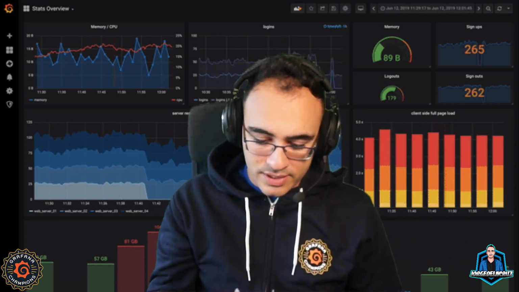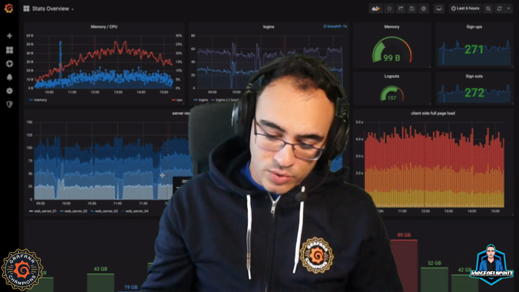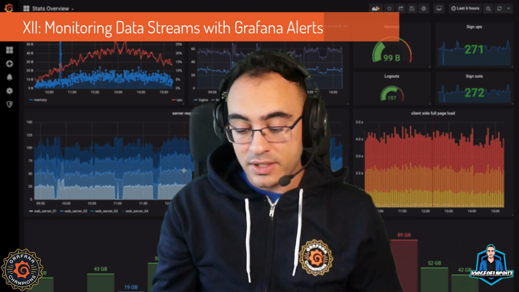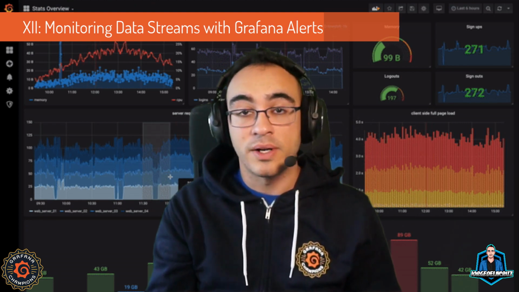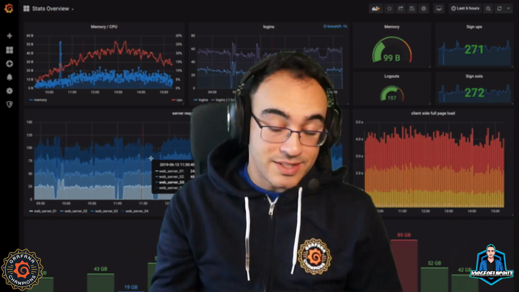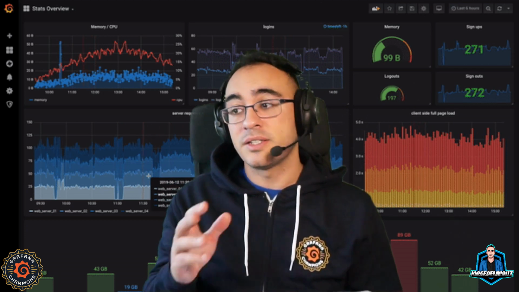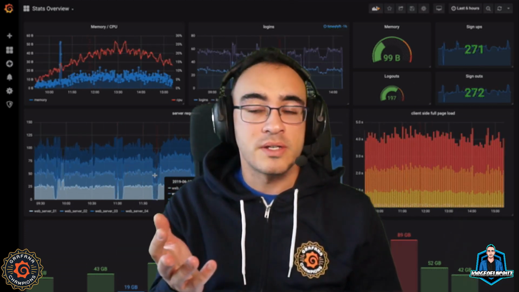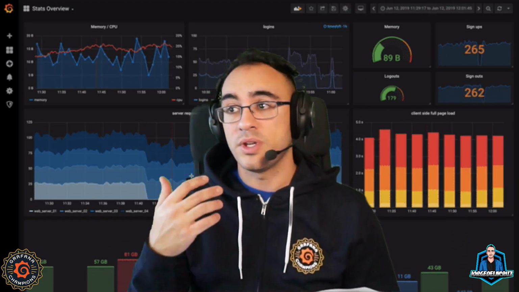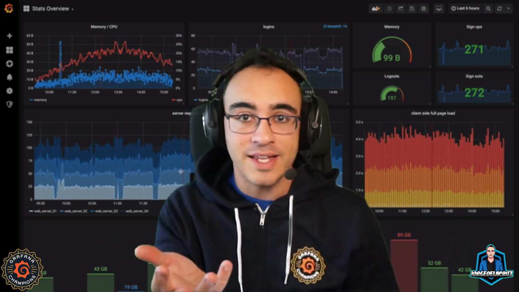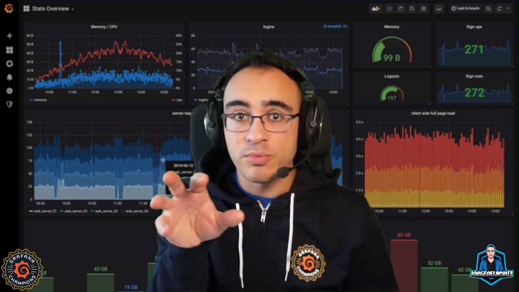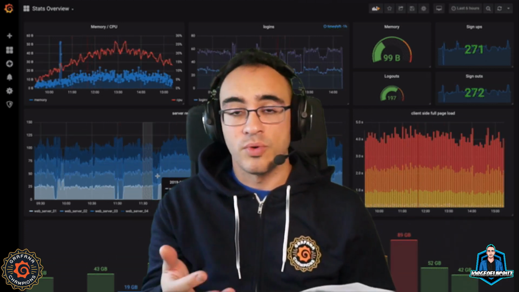Let's see what else over here. So at the end of the book, you can see something like monitoring data streams with Grafana alerts, for example. So that is very nice because that is something that not everyone is exploring today, right? So we start ingesting data, we start visualizing the data with a lot of beautiful dashboards, very useful, of course.